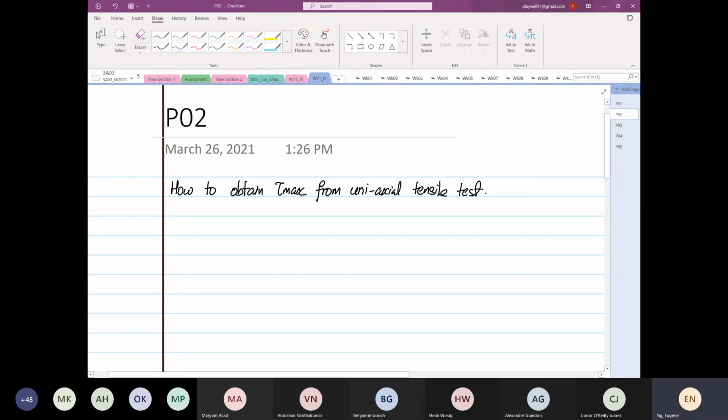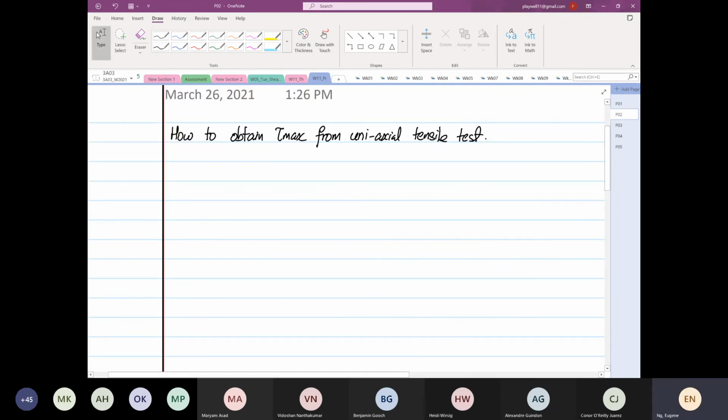So you can also determine tau max from a uniaxial tensile test. We are going to carry out a uniaxial tensile test, so one direction. So this is P prime. If we have an element, right?